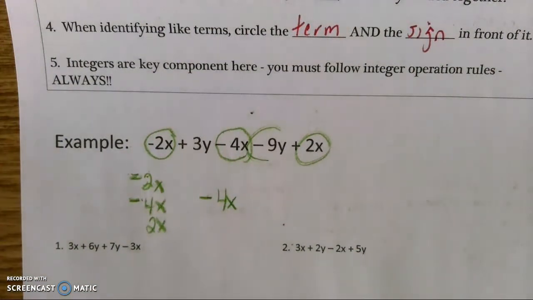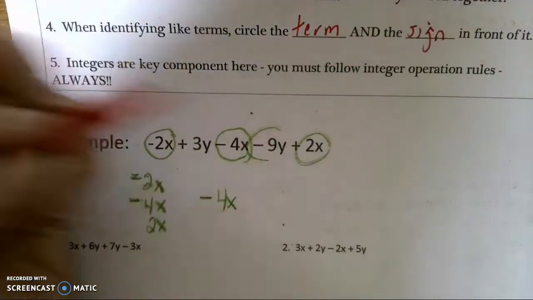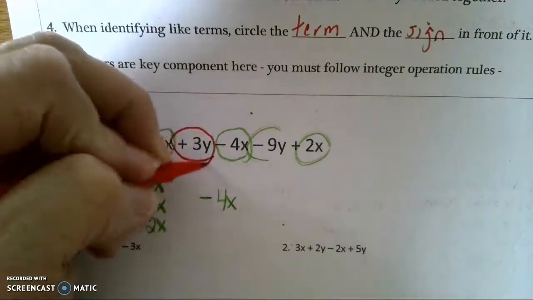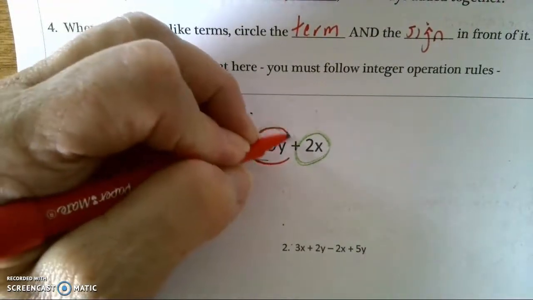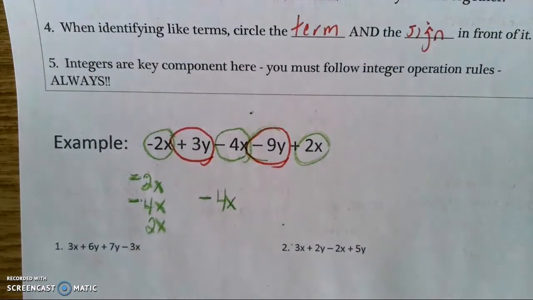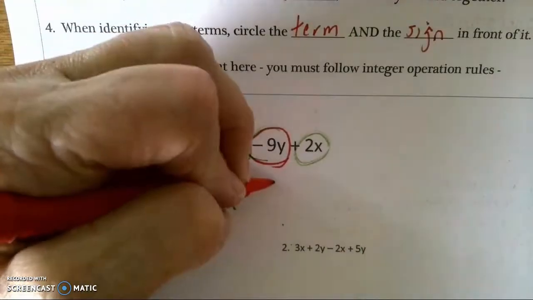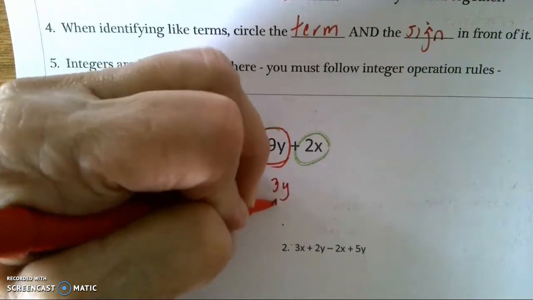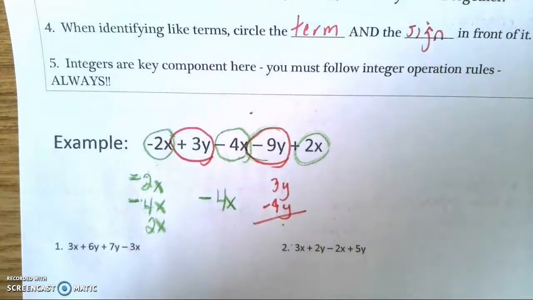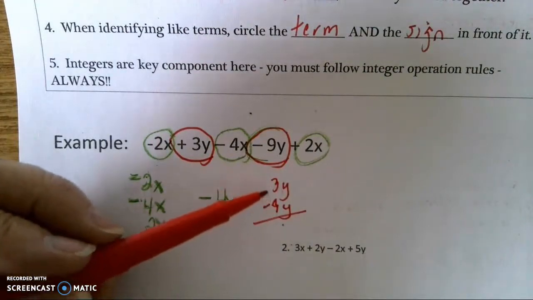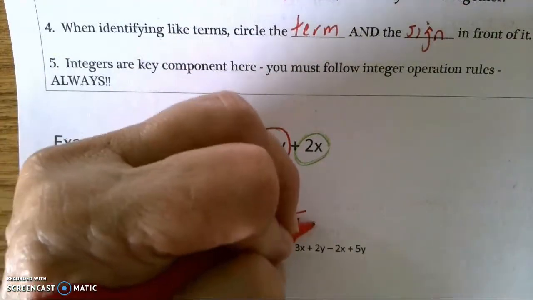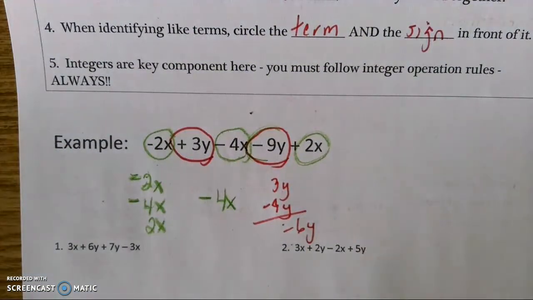Now I'm going to combine my y's. So I have positive 3y and negative 9y. And again, 3 plus negative 9 is negative 6, and I need to bring down my y.